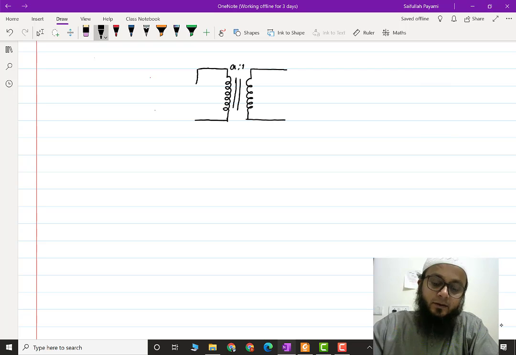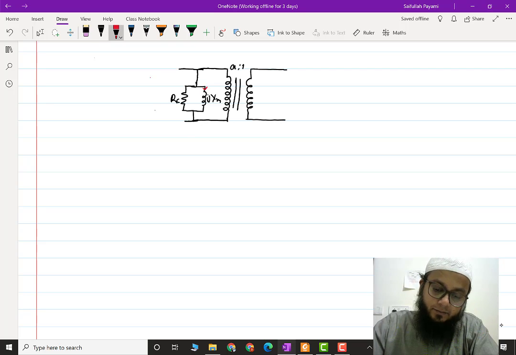We represented the core losses by a resistance and the magnetizing current requirement by a magnetizing reactance, and we connected them in shunt with the winding. So this is jXM, this is RC.